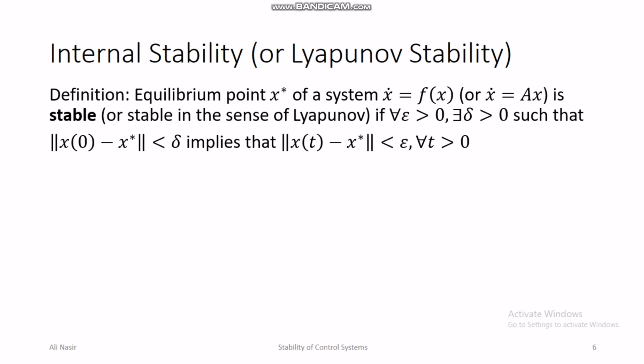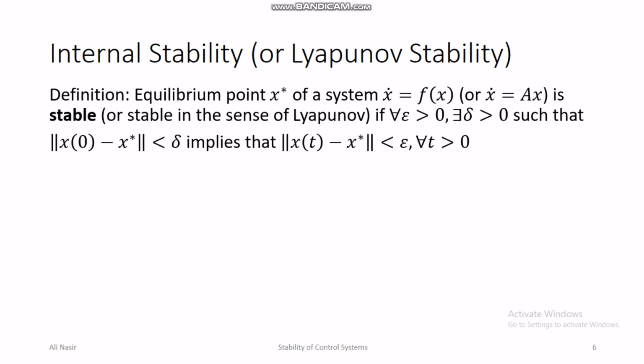So if you solve the differential equation, you solve it using some initial condition, or boundary values. The stability requires that if the initial condition of the state vector is close enough, within delta distance from the equilibrium point, then this should imply that the trajectory, the value of the state vector with respect to time, may change in whatever way possible, but it may not go farther away from the equilibrium point than the epsilon value.